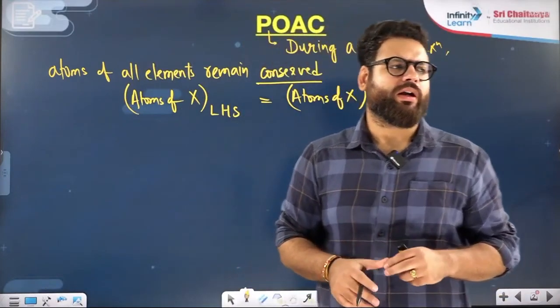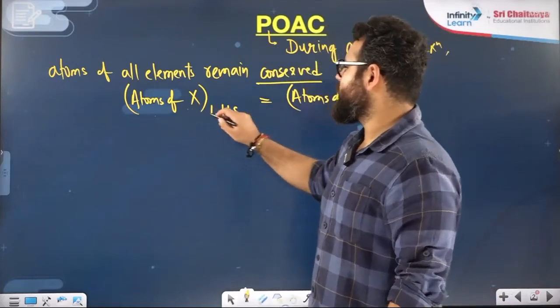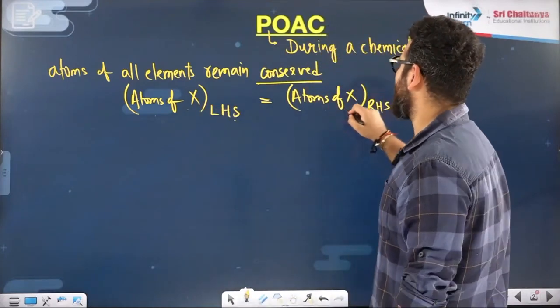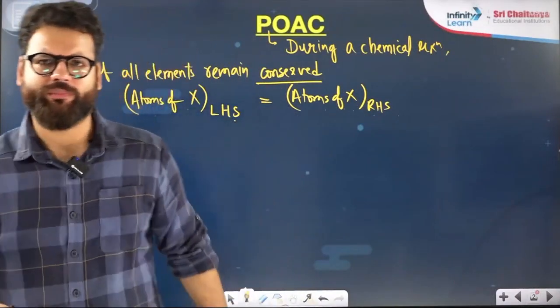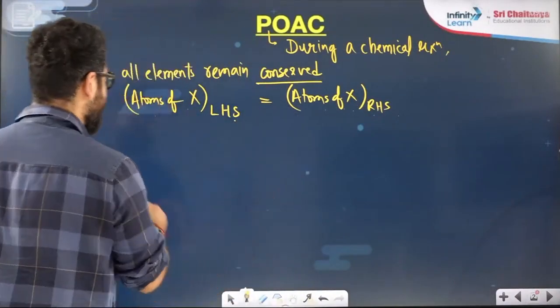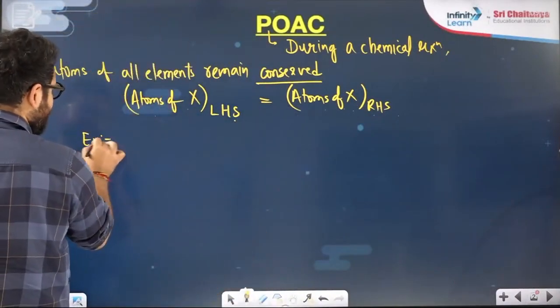All right. So atoms of X on the left hand side must remain equal to atoms of X on the right hand side. This is what we have to do. I'll show you with one example. All of you see here. Example.